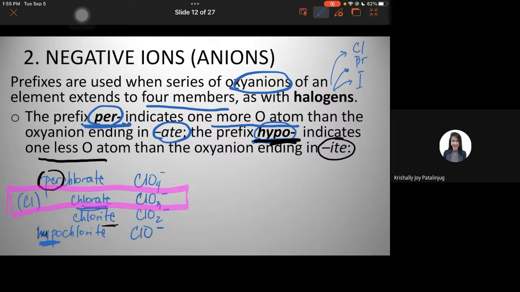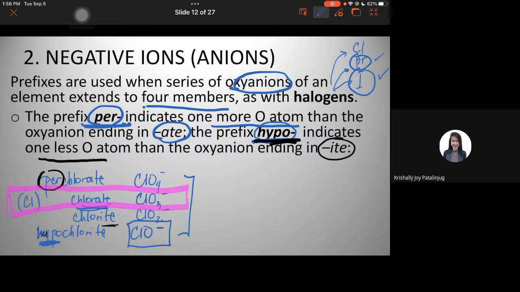Low level, reduced form. That's it. That's why among the four members, this ion form has the least number of oxygen. That's why it's named as hypochlorite.